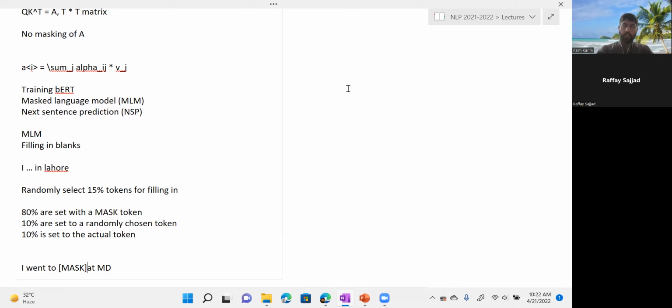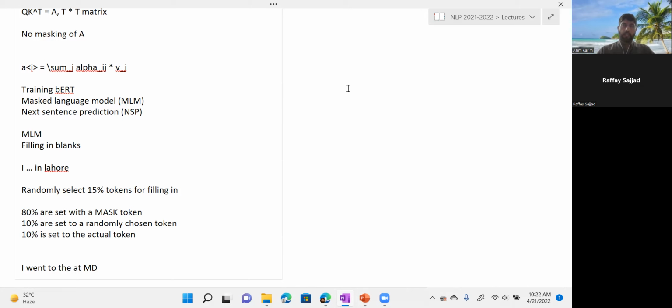Of course, this is all done randomly, so it will be masked if mask is selected, and if any other random word is selected, let's say anything else can be selected, let's say D is selected. So this would be some other random word.